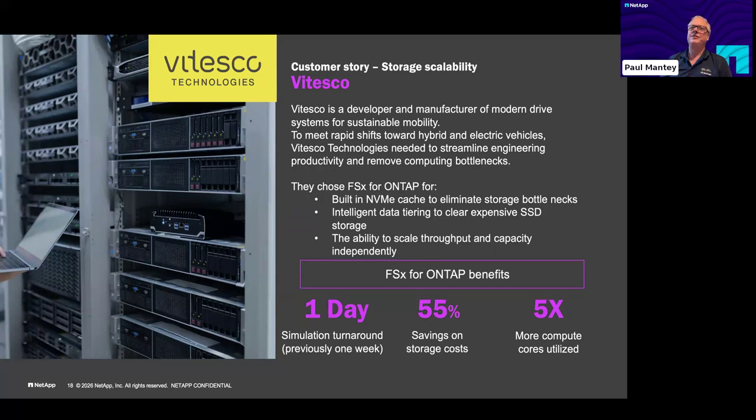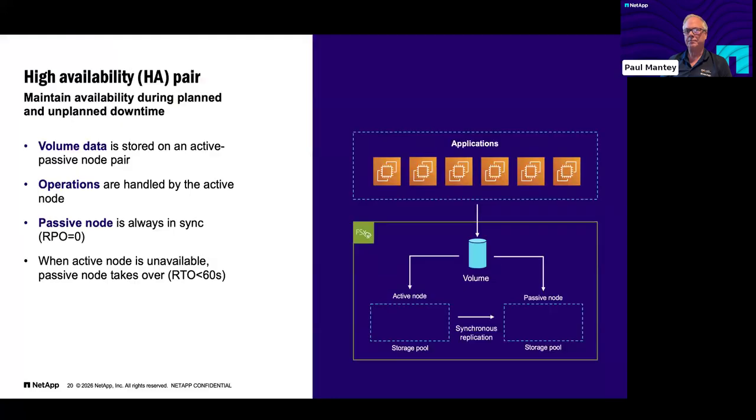And that has tremendous value to Vitesco and to any other customer that's seeing these kinds of accelerations due to the vertical as well as the horizontal scalability that FSxN brings. So going back to the overall business benefits, when your engineers can be 500% more productive, you're going to do some very interesting things in the market. Great point.